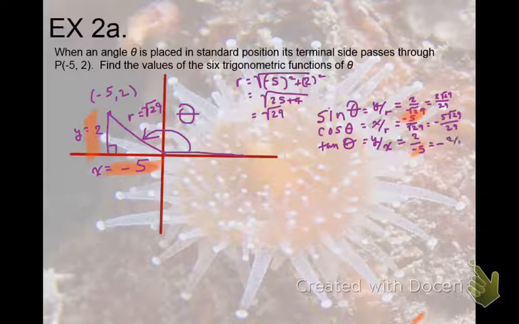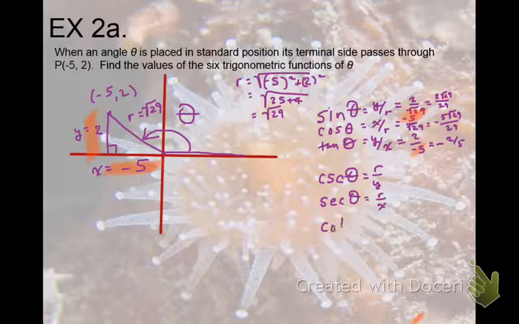But we've only done 3, so we need to do the reciprocal functions. And so what goes with sine? Cosecant, so I'll write that first. What goes with cosine? Secant. And what goes with tangent? That's the easy one, cotangent.